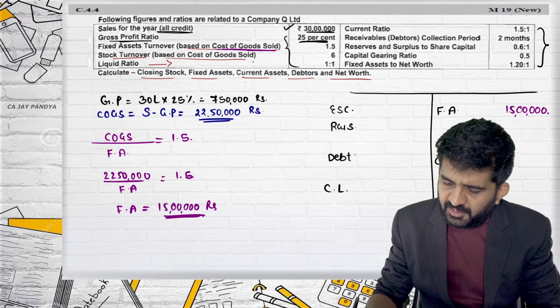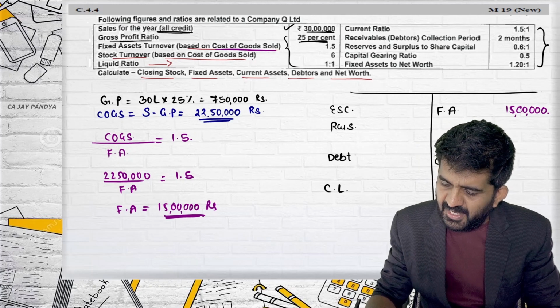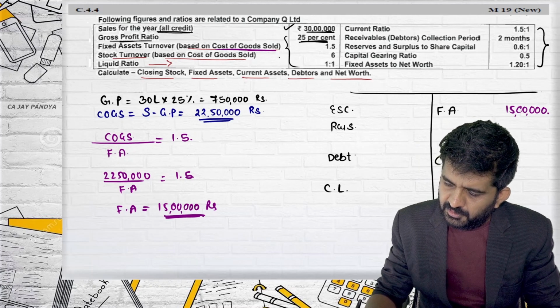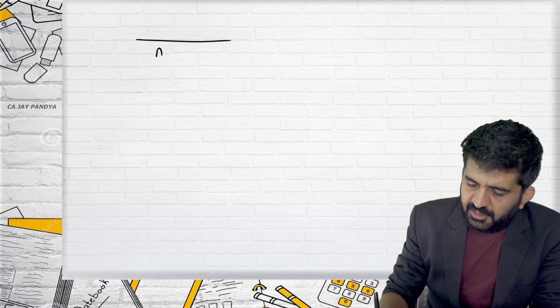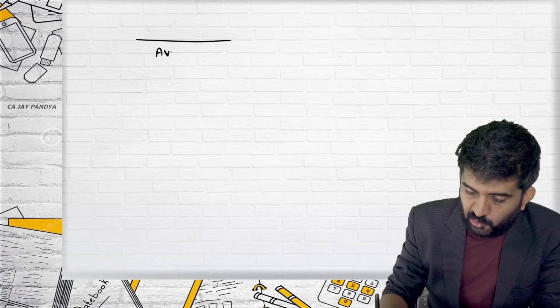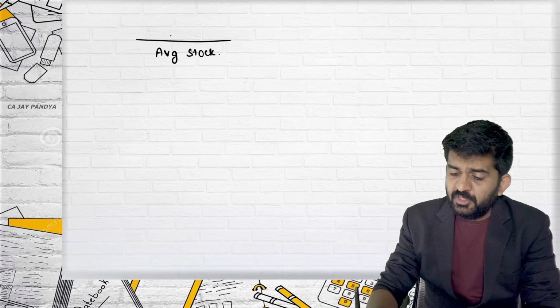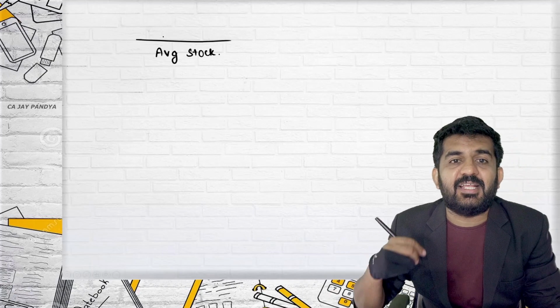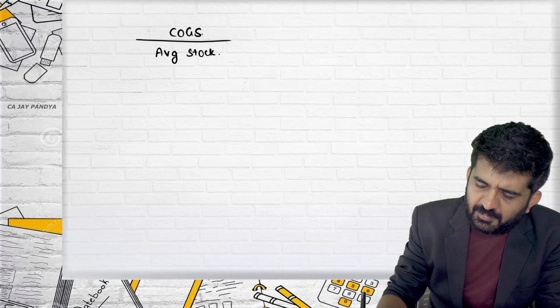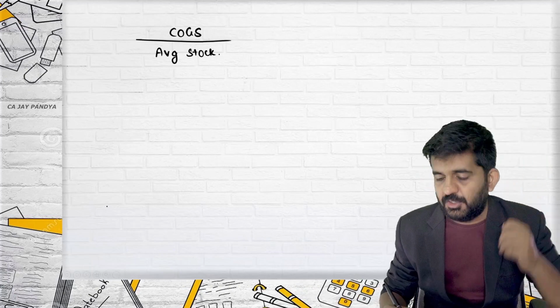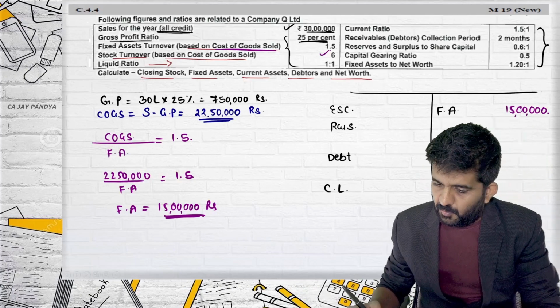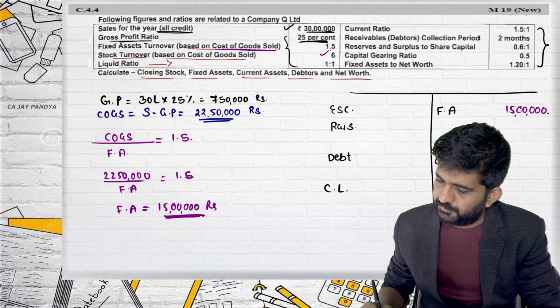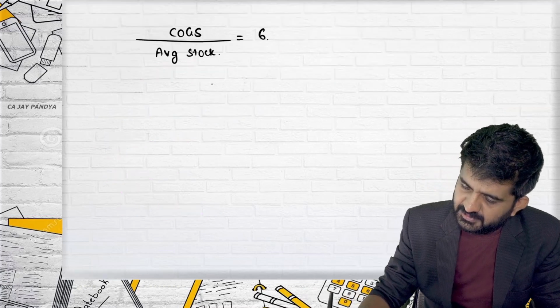Stock turnover ratio based upon COGS is 6. Now what is stock turnover ratio? In the denominator there will be stock. No, there will be average stock. In the numerator, you can take sales, you can take COGS. Normally what you take, if it is available, is COGS. It will be equal to 6.